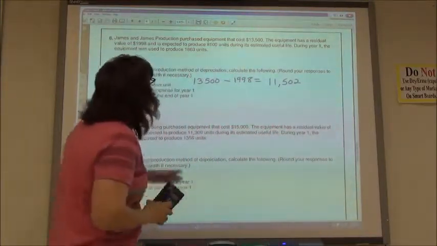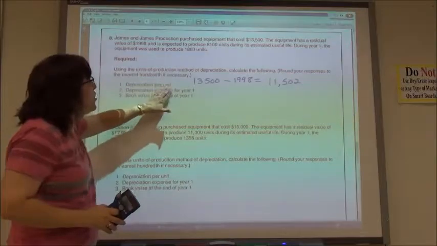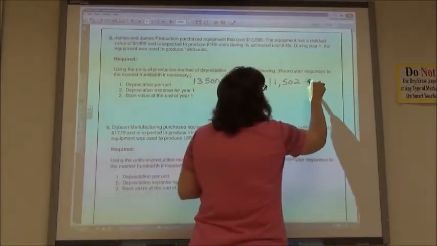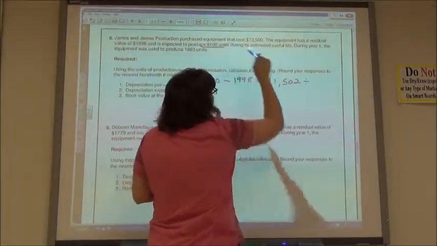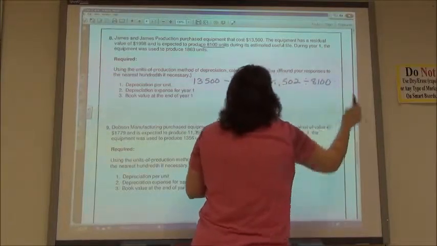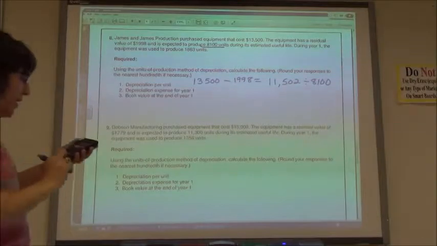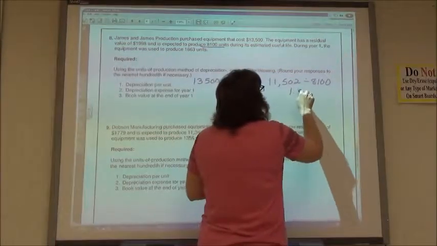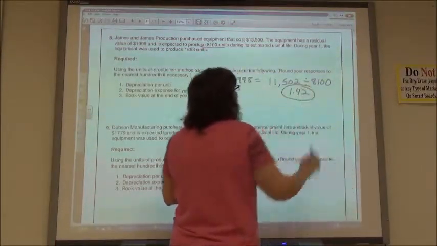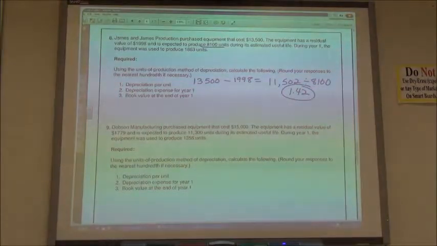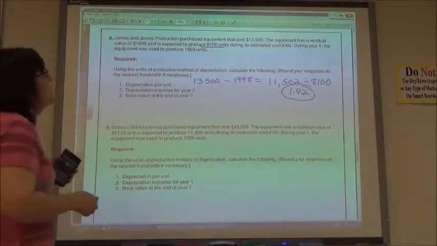13,500 minus 1,998 would be the depreciation of $11,502. I'm doing the depreciation per unit, so I'm now going to divide by the useful life, 8,100 units. So divide that by 8,100. That means $1.42 per unit. So for every unit I produce, it's going to depreciate the machine by $1.42.